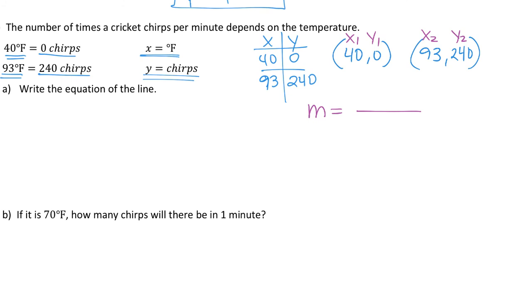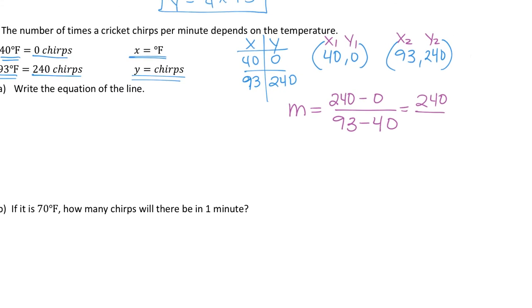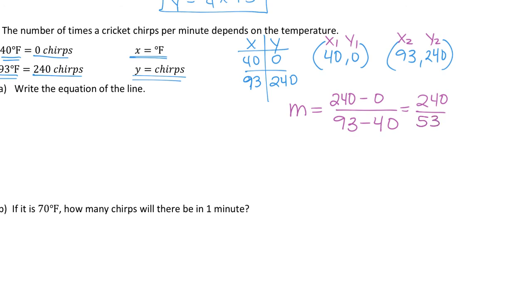What are you going to plug in to find your slope? What goes on top, x or y? The y's go on top. So we'll set this up as y2, 240, minus y1, and then x2, 93, minus x1, which is 40. So you get 240 over 53. Okay.